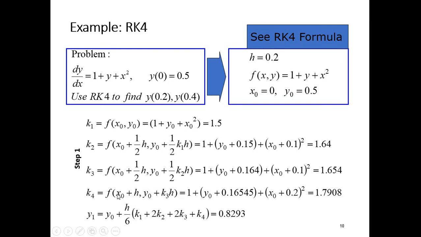This is f of x naught plus h for the x coordinate, plus y naught plus k3 h for the second coordinate, which is equal to 1 bracket y naught plus 0.16545.